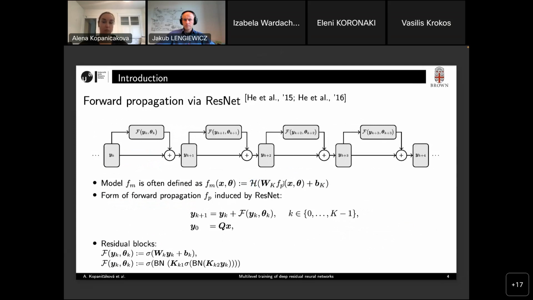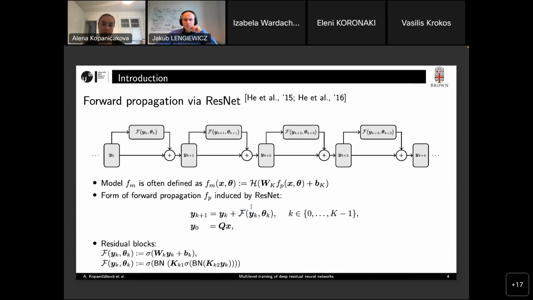In terms of ResNet networks, this forward propagation can be defined in a recursive manner, where the output on layer k+1 is defined as a sum of two terms: the output on the previous layer, epsilon k, plus some nonlinear transformation of features. This nonlinear transformation is often called a nonlinear residual block.